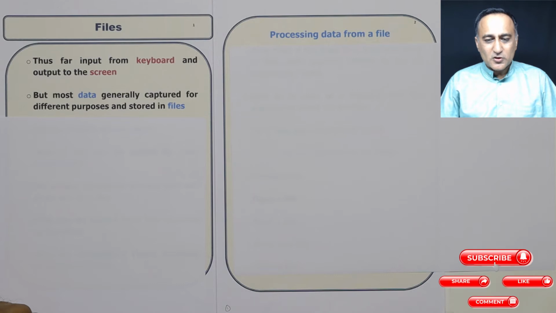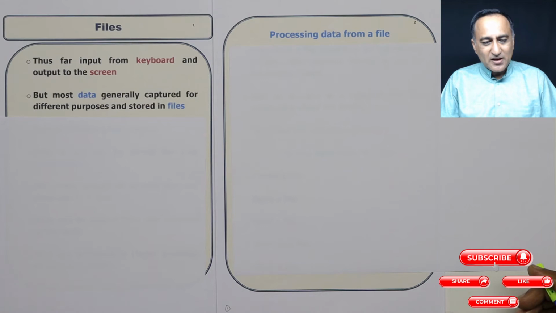So the moral of the story here is I am not going to enter data every time from the keyboard and see everything on the screen. Because for example, when you're printing your marks card, the output is not going to be displayed on a screen. It's going to be printed on a piece of paper or a piece of legal paper.